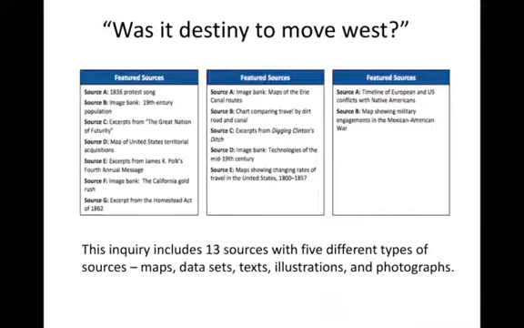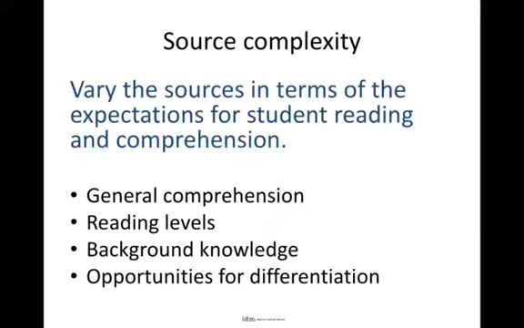In fact, there are 13 sources in 5 different types. So a lot of different modalities here: maps, which are spatial, data sets, text, illustrations, and photographs. And so you can see that this "Was It Destiny to Move West?" inquiry is a good example of the wide variety of source type that we want to aim for in an inquiry.